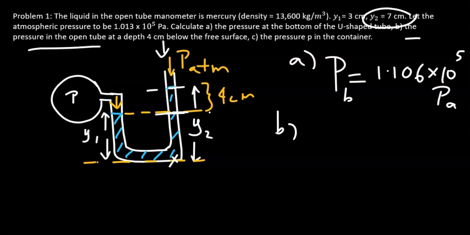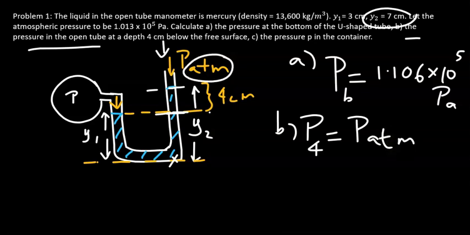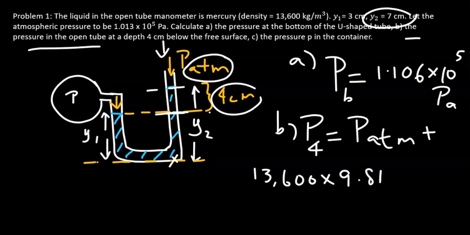So again, the pressure at that point, let's denote it as P subscript 4, equals the atmospheric pressure due to the atmosphere pressing on the surface of the mercury plus the mercury column with a height of 4 centimeters. So that would be the density of mercury, 13,600, times gravity, 9.81, times 0.04, which is the length of the column of the mercury.